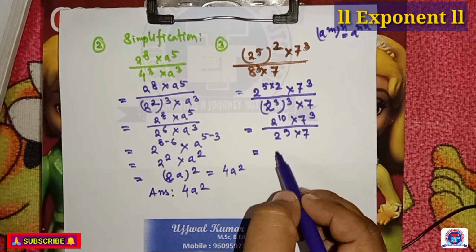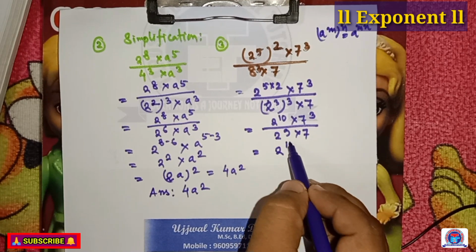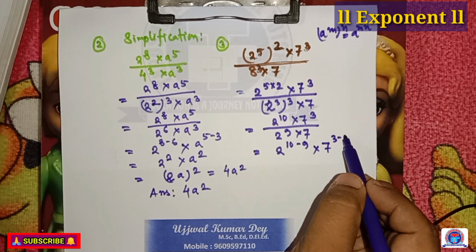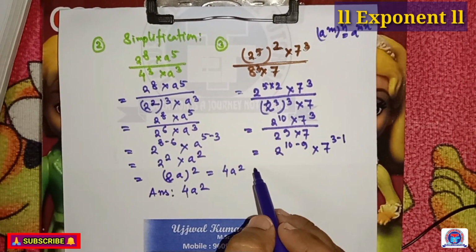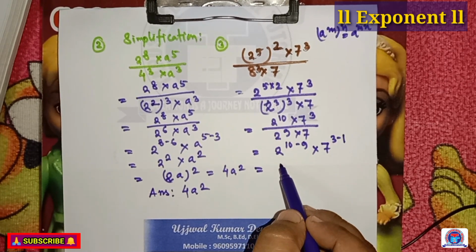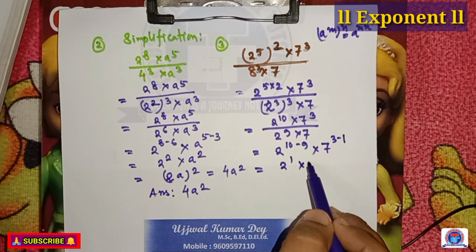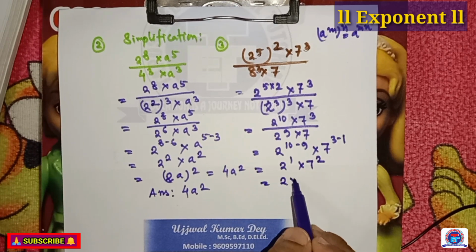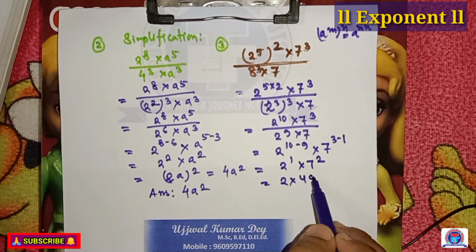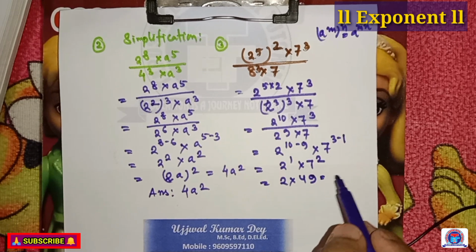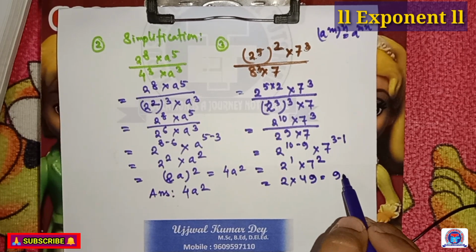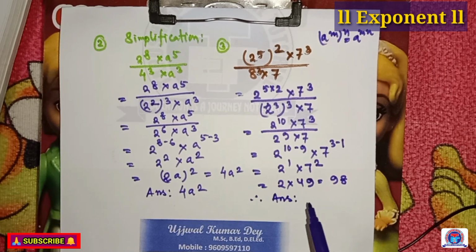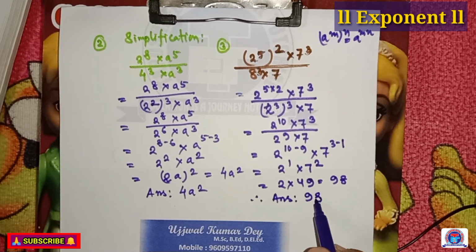So we can write 2 to the power 10 minus 9 into 7 to the power 3 minus 1. Again, it will become 2 to the power 1 into 7 to the power 2. That means 2 into 49 is equal to 98. So therefore the answer is equal to 98.